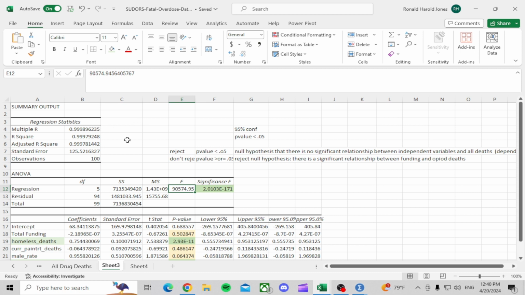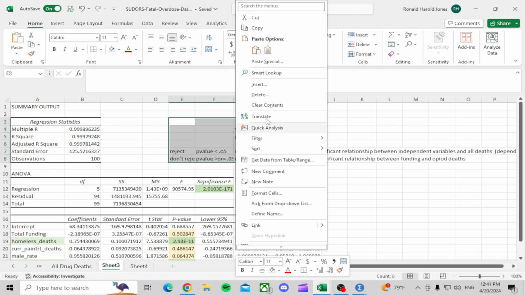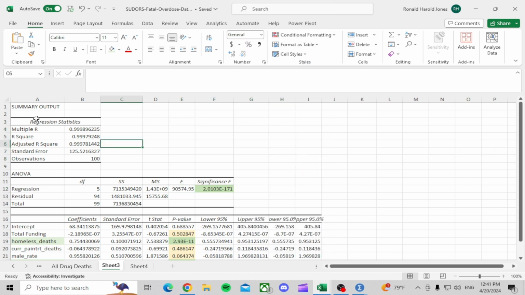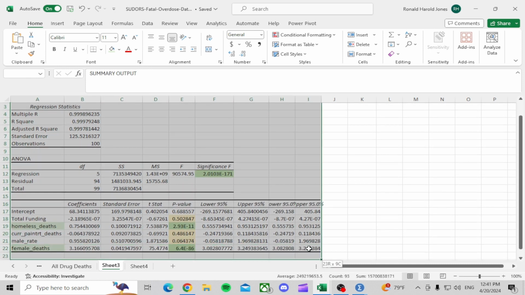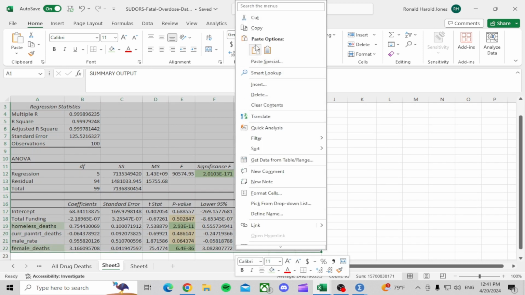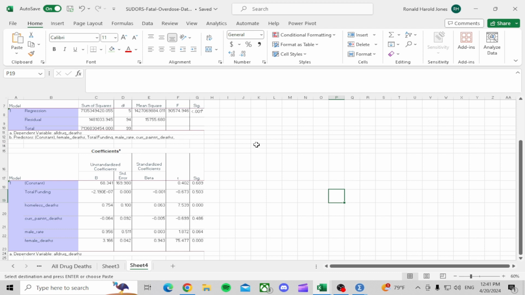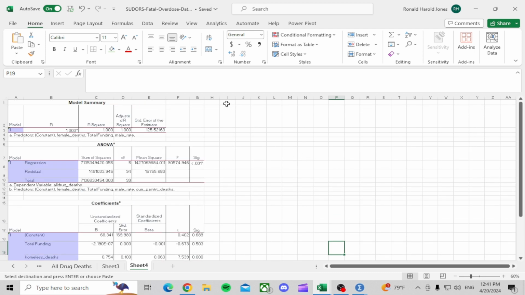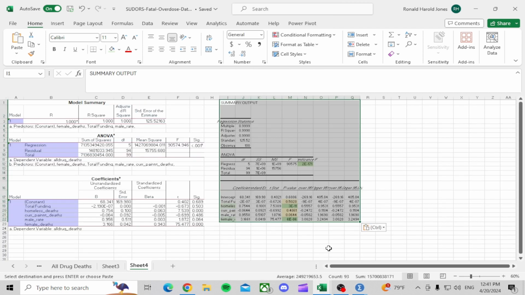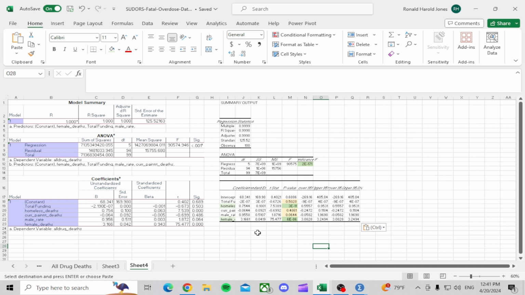If we put them side by side, we have the same outcome.